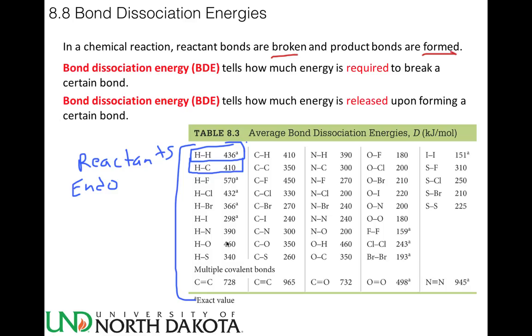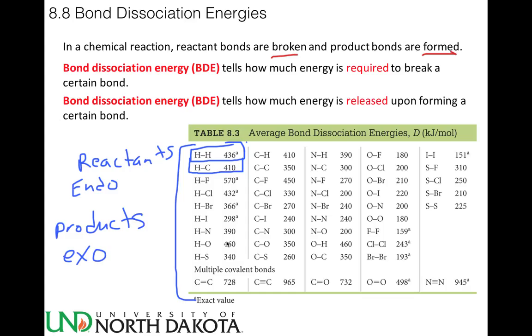And the bond dissociation energy also tells us how much energy is released when a new bond is formed. And so products are exothermic. Product bonds are exothermic and reactant bonds are endothermic.